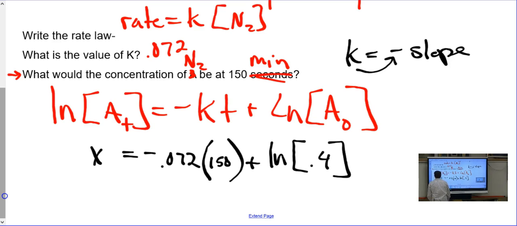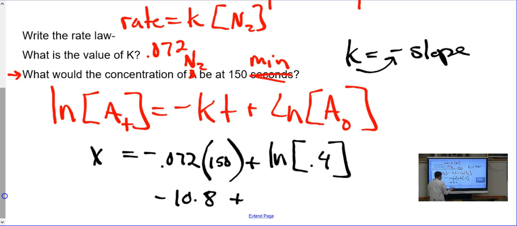All right, let me get that calculator and type some things in. So I have negative 0.072. I get this to be negative 10.8, and whoops, plus.